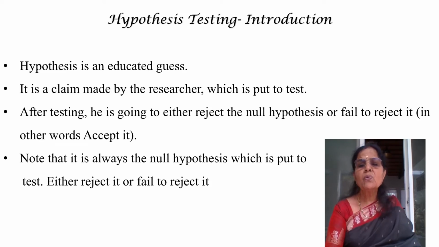And you cannot always prove something. For example, you say that girls score more in +2 mathematics than boys. In this, we cannot prove this easily because we do not actually know how much more is really more. But if we state the null hypothesis like this: there is no difference in the mathematics scores of +2 girl students and boy students. And for this, the alternate hypothesis will be that there is a difference in the scores of +2 boys and girls in mathematics.